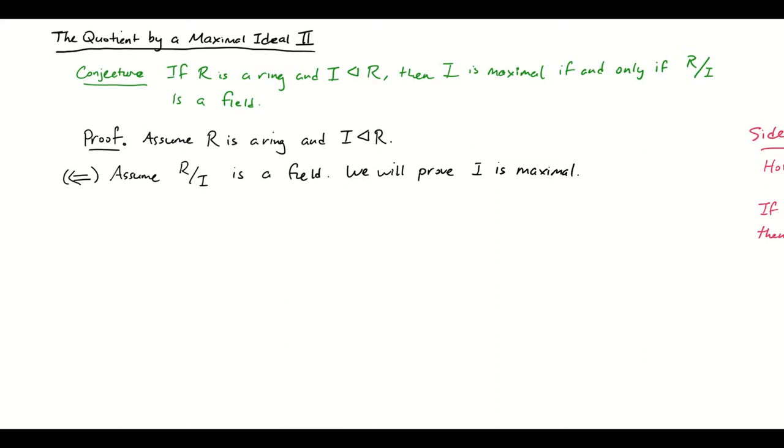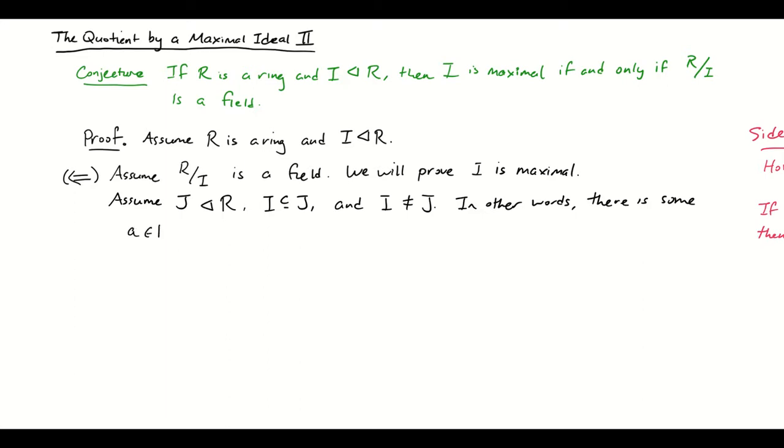So let's assume J is an ideal of R, I is a subset of J, and I is not equal to J. In other words, there is some A, an element of the ring R, such that A belongs to J, but not I. And we're going to prove that this forces J to be the entire ring.